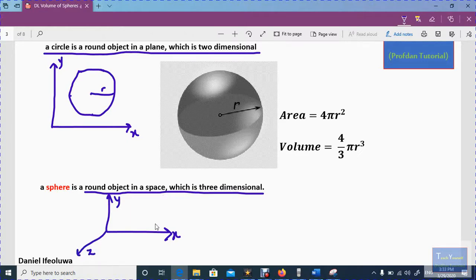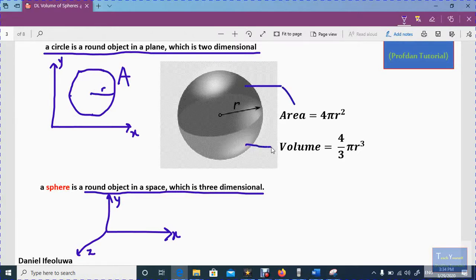These are dimensional objects in a three-dimensional space. What is the volume and the area? For a circle, we can find the area of a circle. We've done this in one of our videos. But you can't find its volume because it's a two-dimensional plane, okay? But in the case of this three-dimensional object, which is a sphere, you can find the area and you can also find its volume.